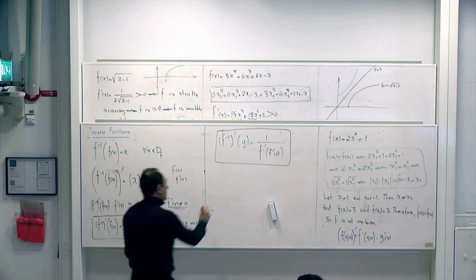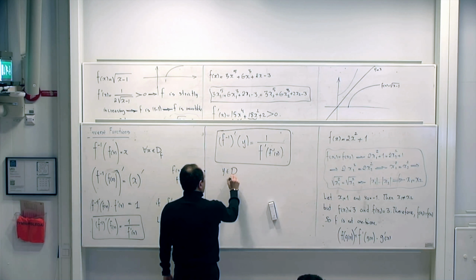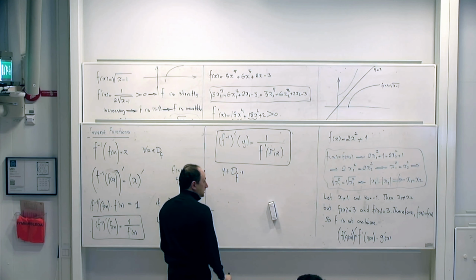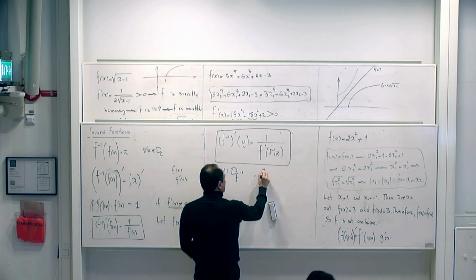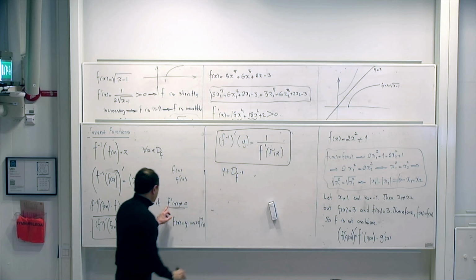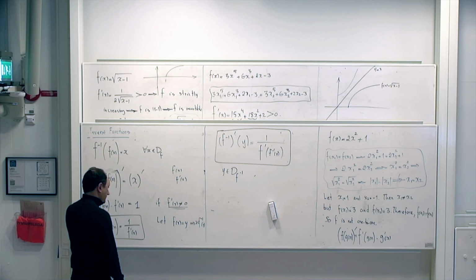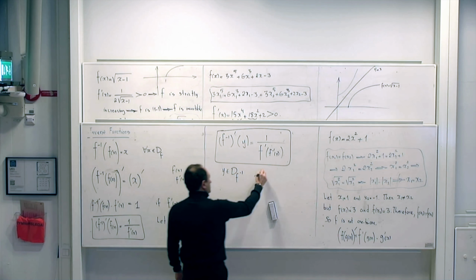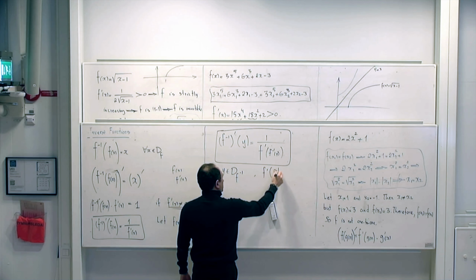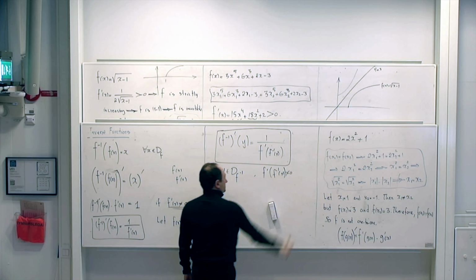So y belongs to the domain of f inverse. Yes, and there is one condition, that f prime of x is not equal to 0. And then it means that f prime of f inverse of y is not equal to 0.